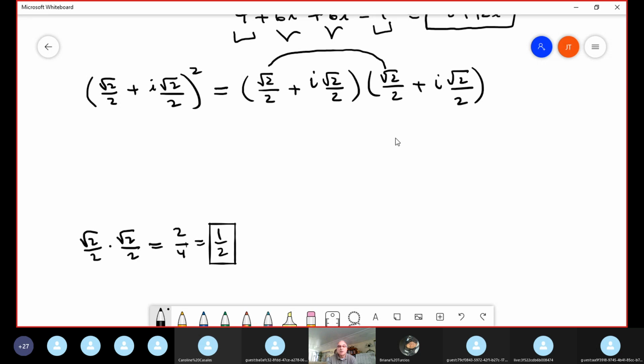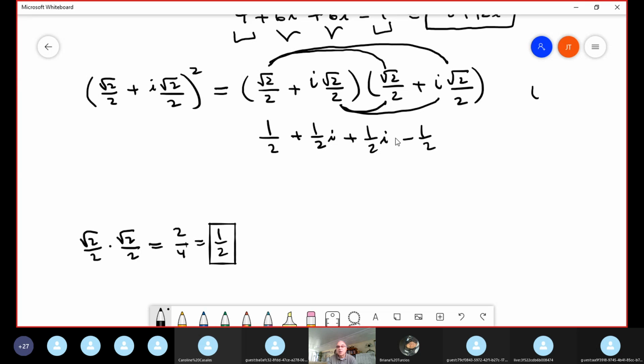Radical 2 over 2 times radical 2 over 2 is 1/2 positive, real. This and this together is imaginary. It's 1/2 i, no? Right, the same reason. This is, again, 1/2 i. And the last one is 1/2, but minus, no? Because it's i squared. And remember, i squared is -1.